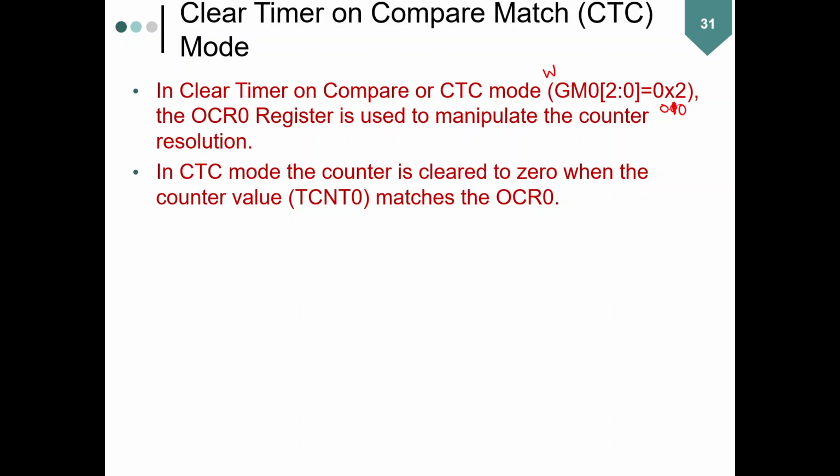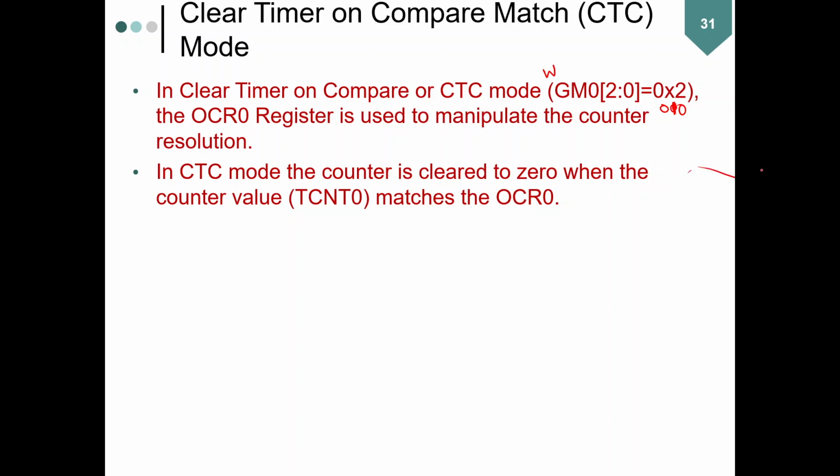The OCR register is used to manipulate the counter resolution because this determines when the counter is going to roll over. In the CTC mode, the counter is cleared to 0 when the counter matches the OCR value.